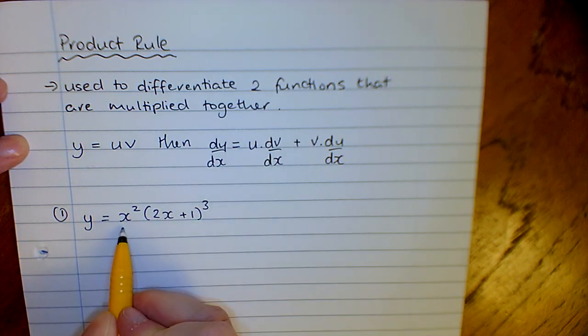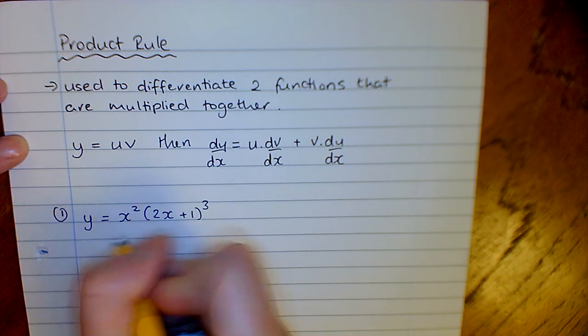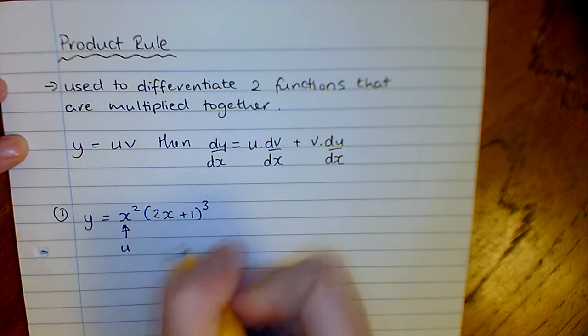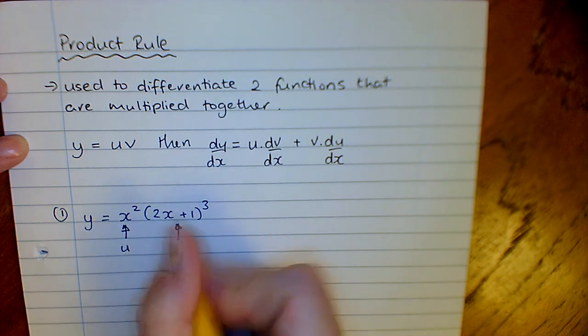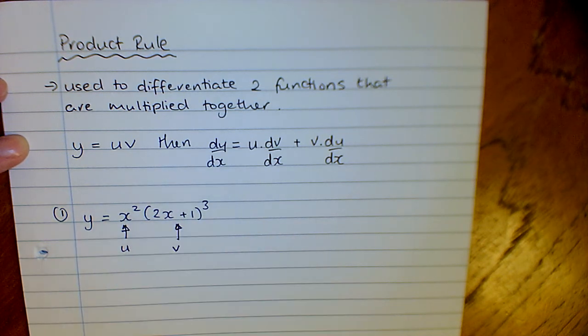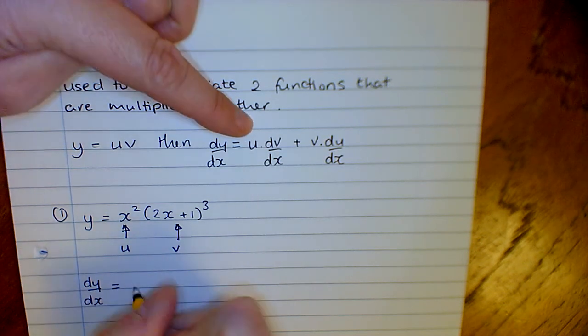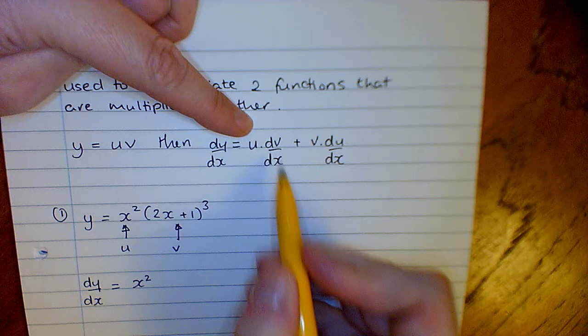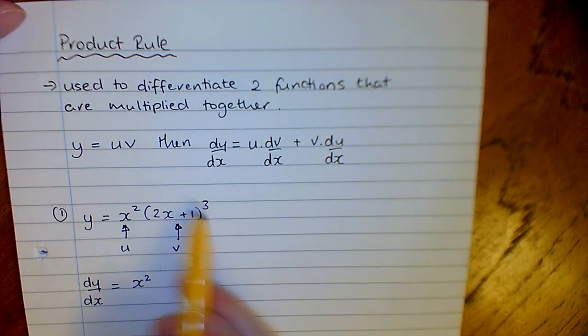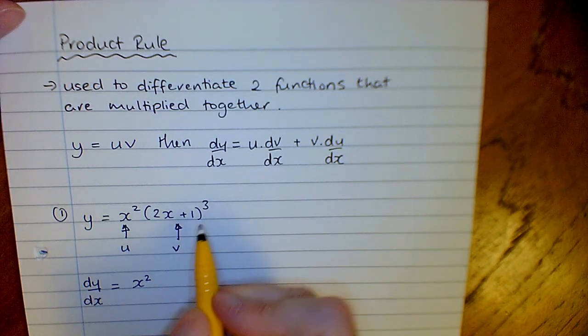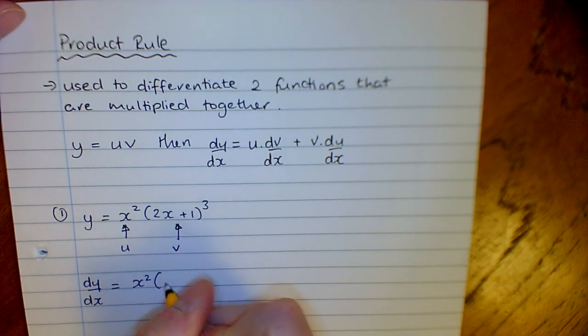So our first example, y equals x squared upon (2x plus 1) cubed. You can see this is a function x squared, so that's like our u, and this is a function here, and that's our v. So dy by dx, it's u, so that's x squared, times dv by dx. So we're going to differentiate this function. Remember, that's function of a function, or chain rule.